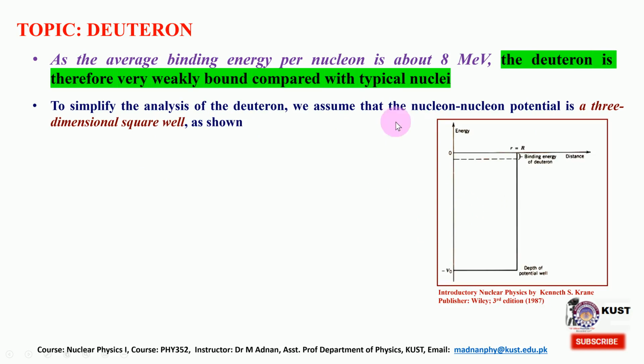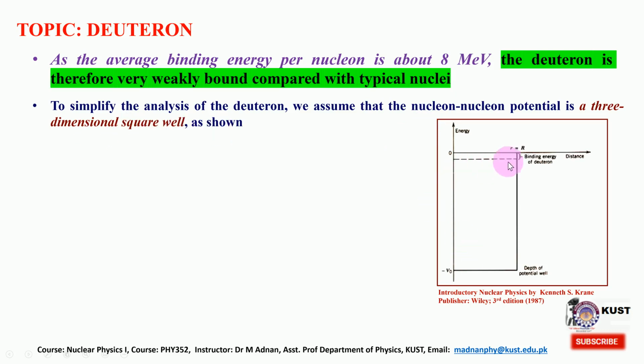The interaction between the proton and neutron inside the deuteron nucleus is due to the nuclear force, and that associated potential, as I told you, is complex to analyze at this level. So we assume that the potential is of the form shown here, a three-dimensional square well potential.